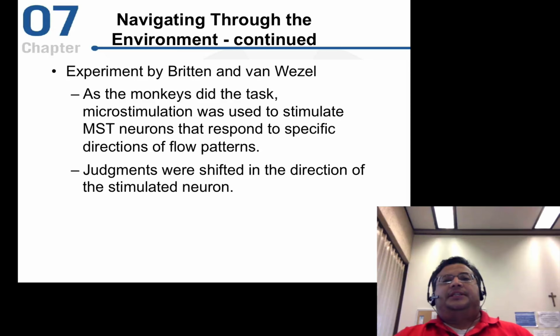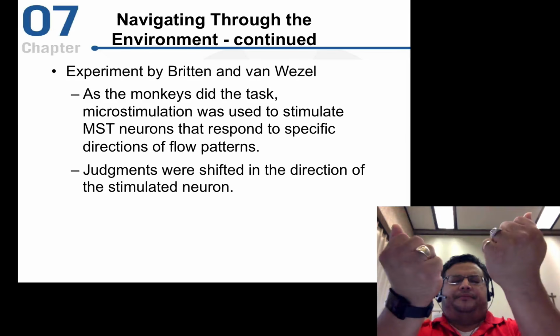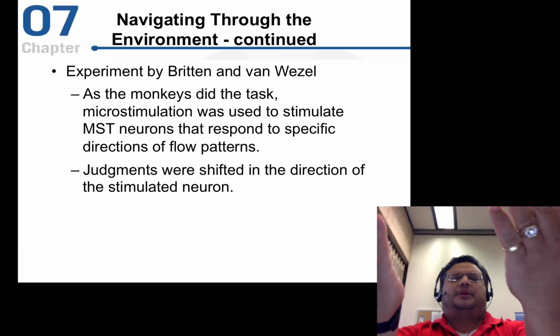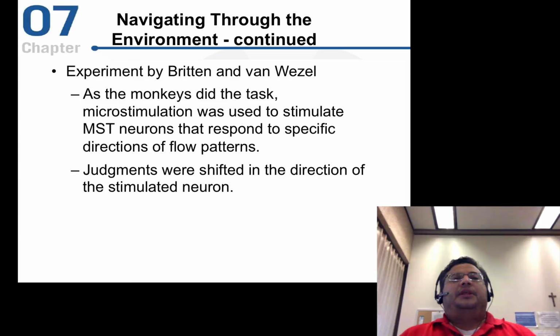So as the monkeys did this task, watching the optic array as it was flowing past them, one of the things that they did was stimulate those neurons that were associated with specific patterns.